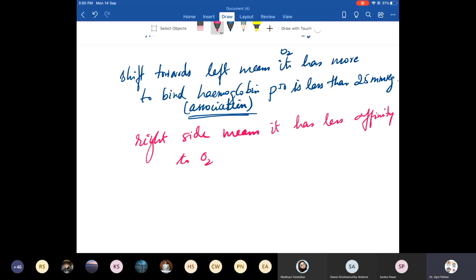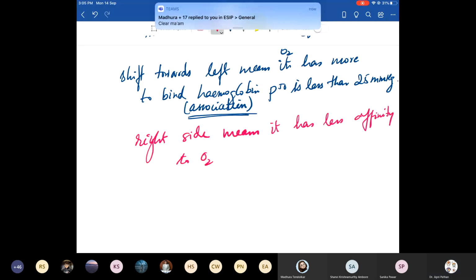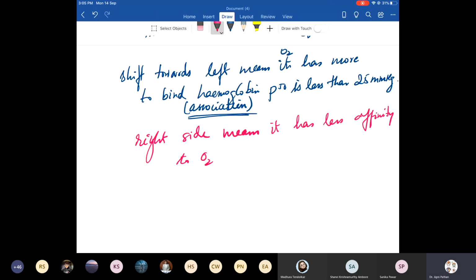Some important questions will come from here. Let me tell you those questions. You know where myoglobin is found? This is all about the dissociation curve. Do you know where myoglobin is found?